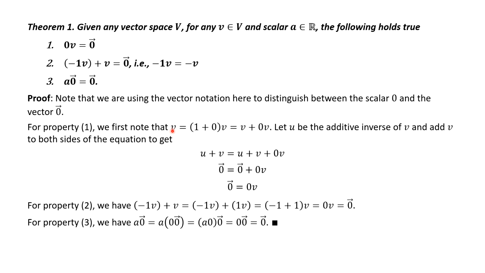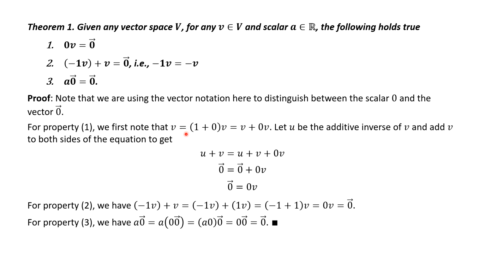So we have v equals 1 times v by definition. Then we can write 1 as 1 plus 0, times v. And then we use the distributive law, and we get 1 times v plus 0 times v. And then we assume u is the additive inverse of v. We know that exists because V is a vector space.